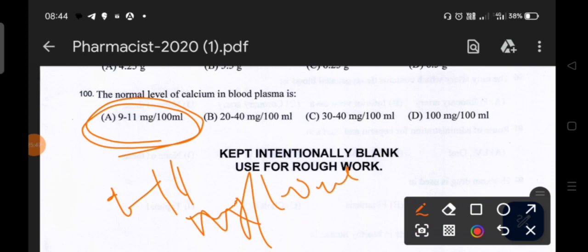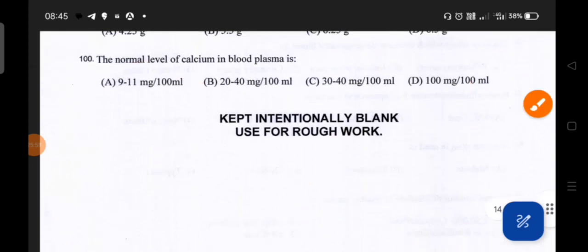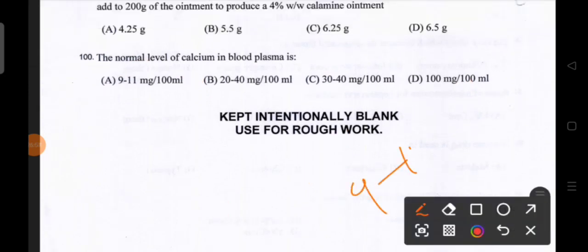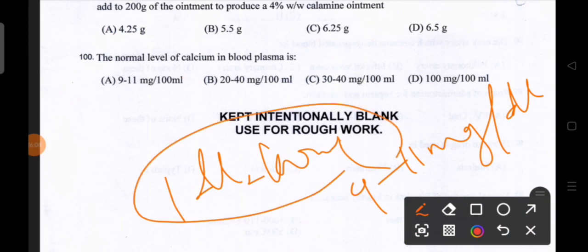If it is mg per dl, that will also be correct, 9 to 11 mg per dl, because 1 deciliter equals 100 ml. So both of them will be correct answers. The calcium level normally lies between 9 to 11 mg per dl.